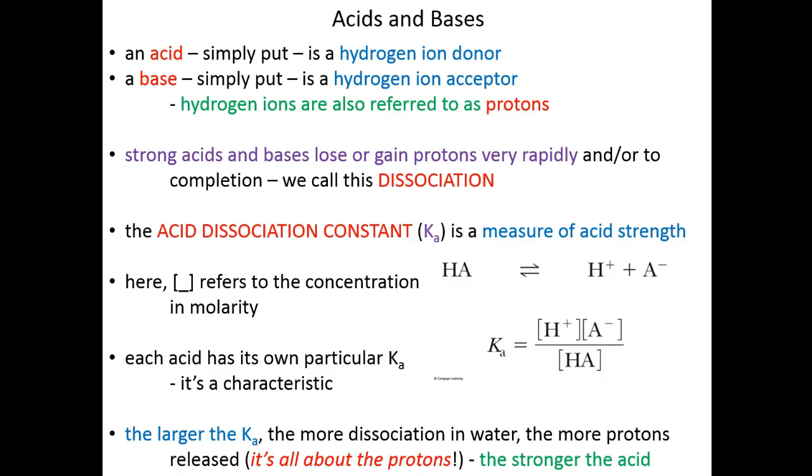Again, as I told you, the larger the Ka value, the more dissociation we see upon solution, the more protons that are released, and therefore the stronger the acid. And we've already defined this as the conjugate base over here, and this is the acid before it dissolves.